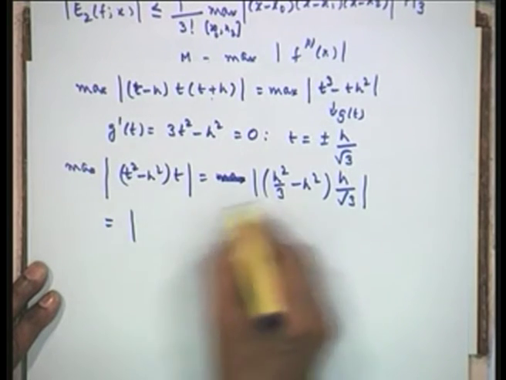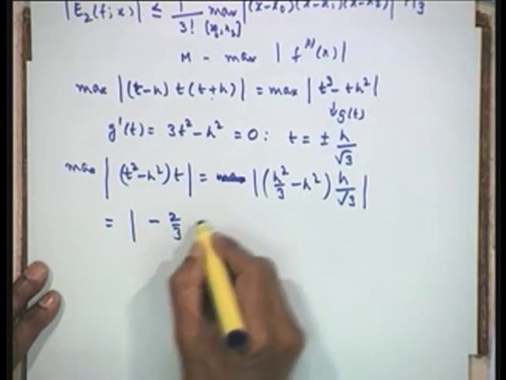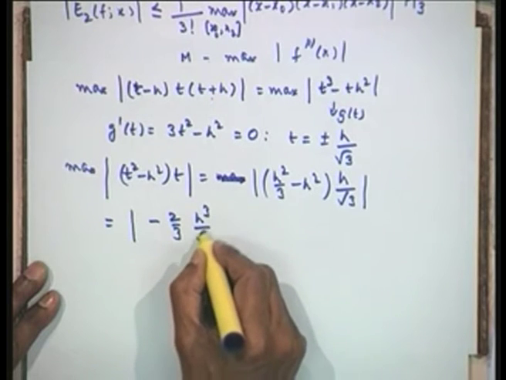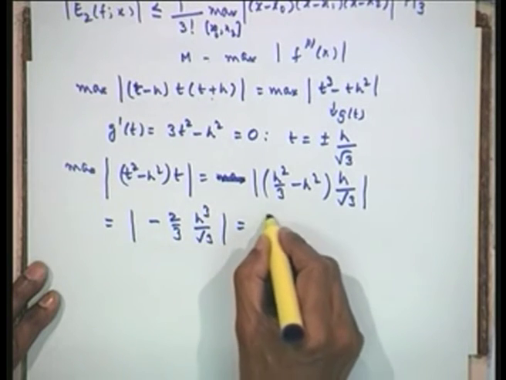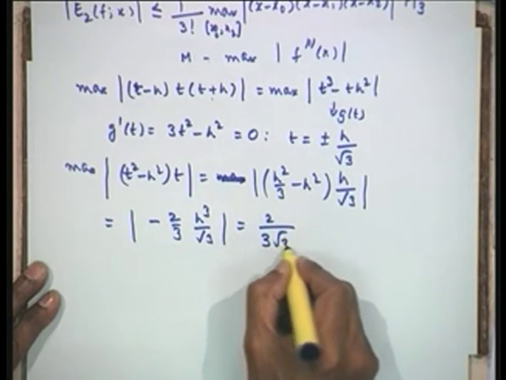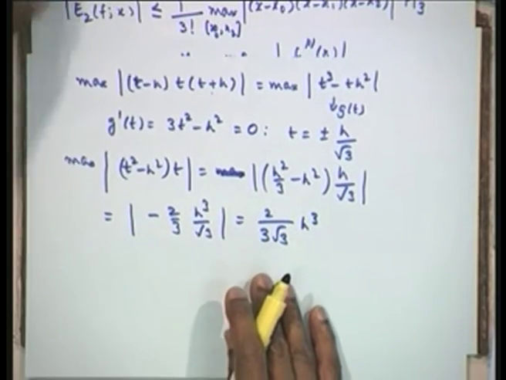That gives me minus 2 by 3 h cubed by root 3, that is 2 by 3 root 3 h cubed.